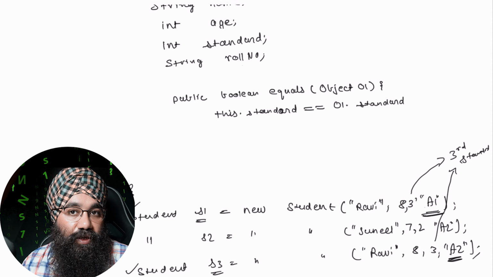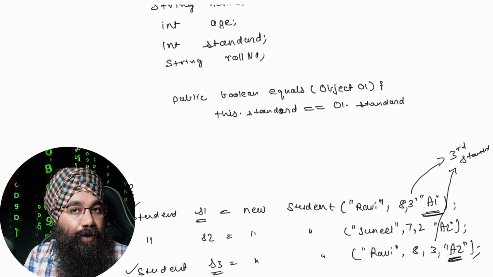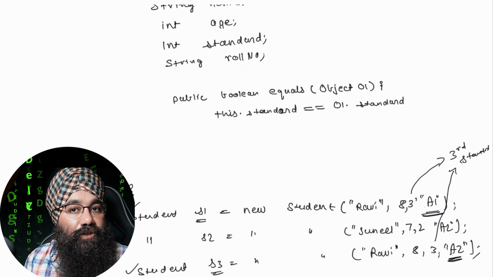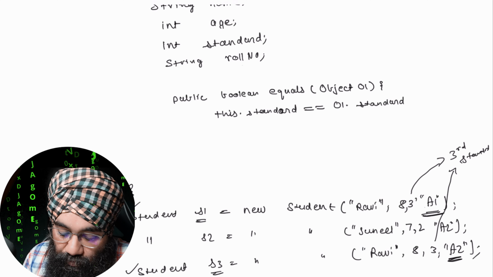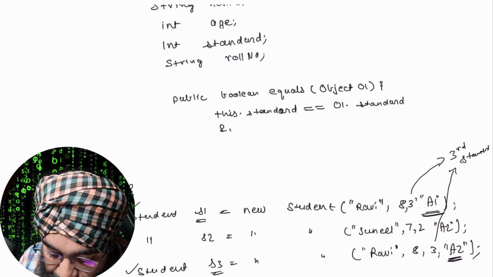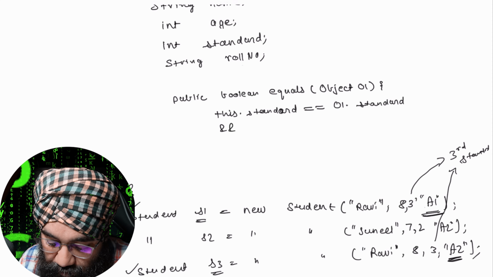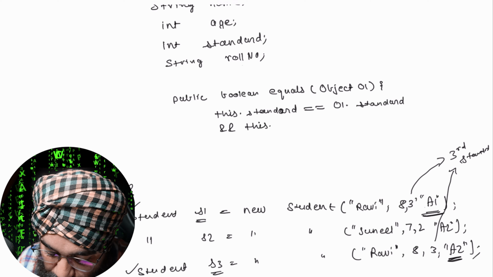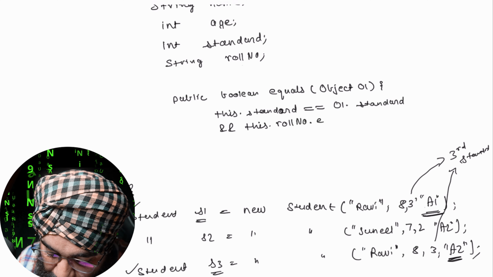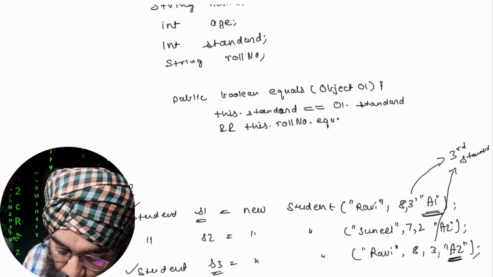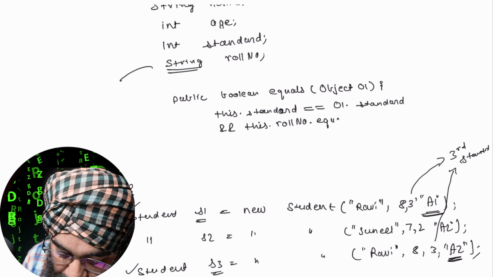If their roll number is the same, the child is the same. If the roll number is not the same, the child is different. So we will add an and condition to this, and then we will check this roll number, and we will use equals, because roll number is of type string.